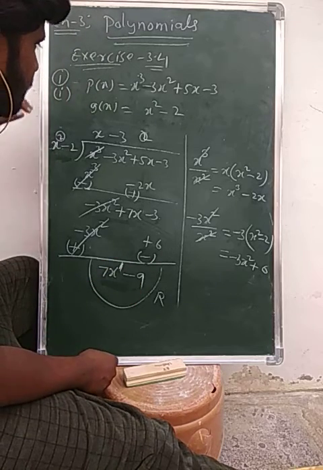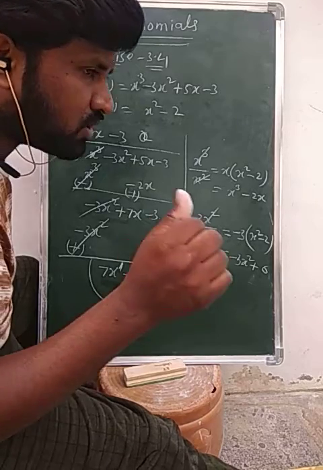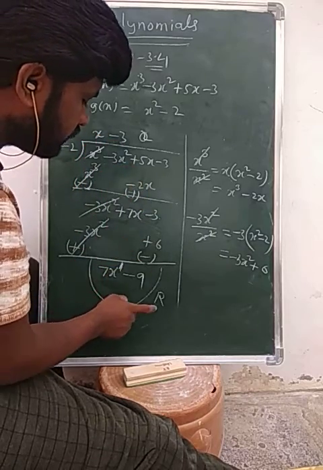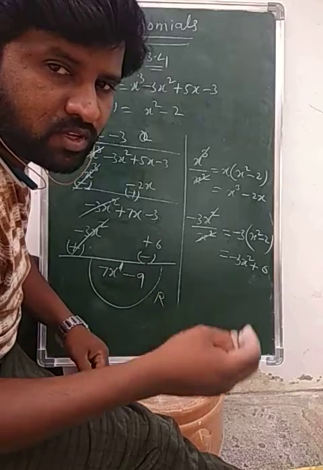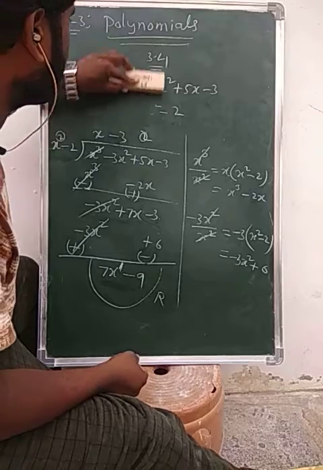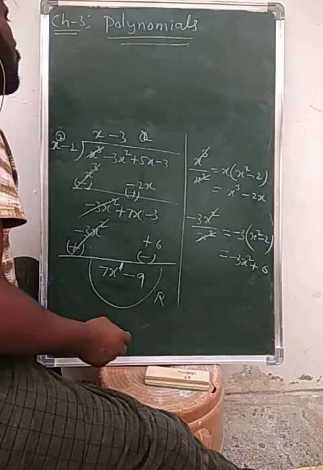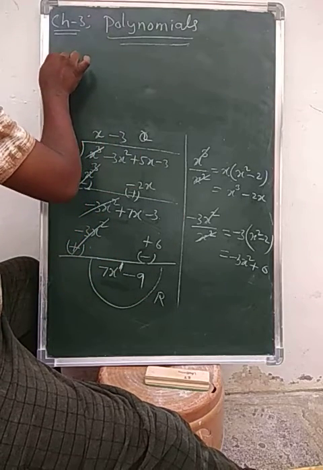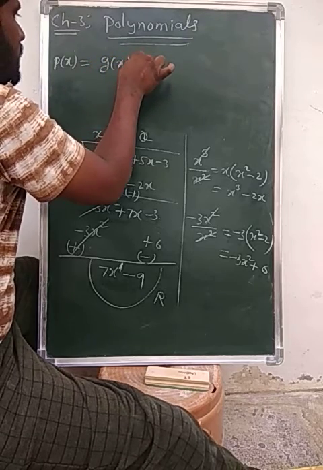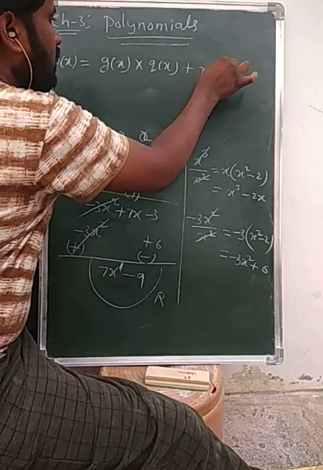I divided a polynomial p of x with another polynomial g of x, and we find a quotient x minus 3 and a remainder 7x minus 9. Let us verify the division algorithm for polynomials. Just now, what is the division algorithm? p of x is equal to g of x into q of x plus r of x.